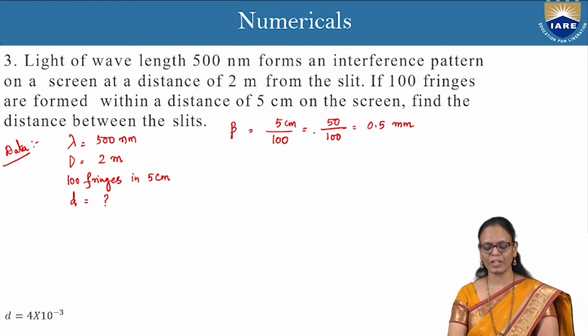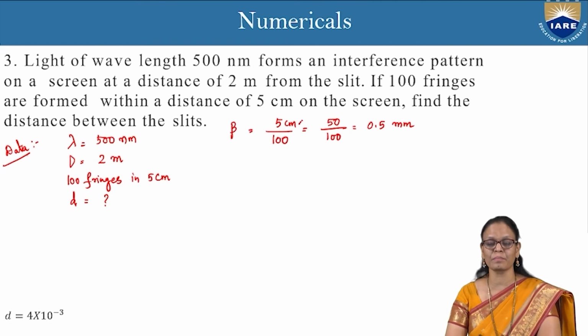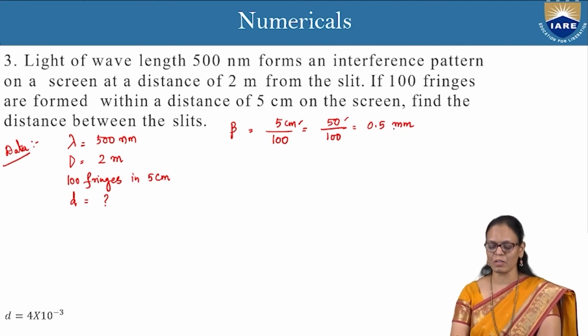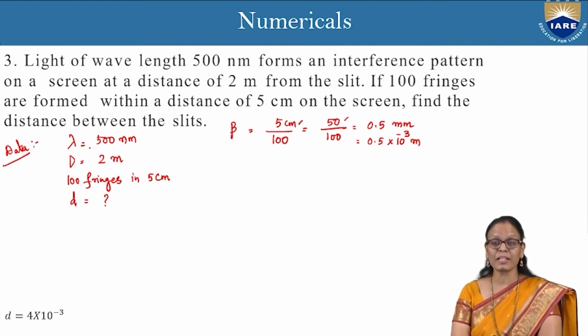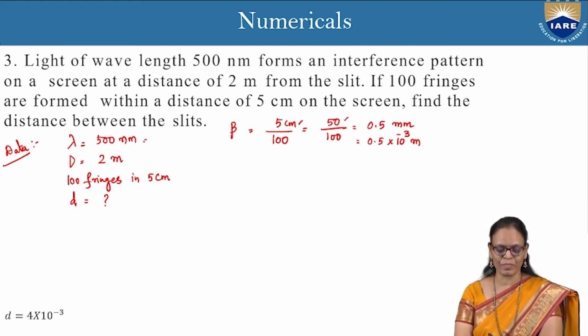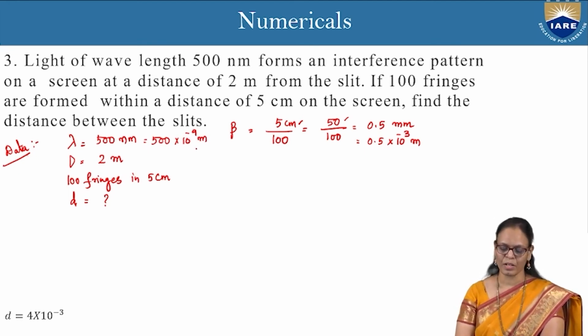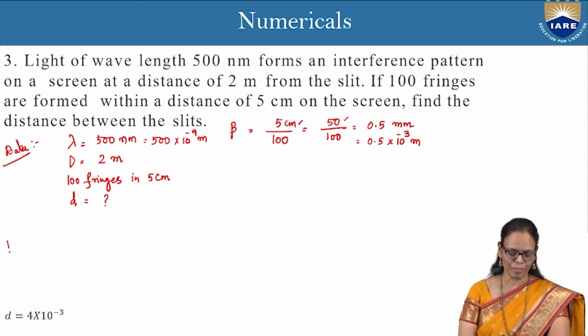We are having 100 fringes in 5 centimeters or 50 millimeter, so 50 by 100 will give us 0.5 millimeter, or we should write it as 0.5 into 10 power minus 3 meter. And lambda is again given in nanometer, so we will write it in meter. 1 nanometer is 10 power minus 9 meter. So 500 into 10 power minus 9 meter. Now write the formula for d.